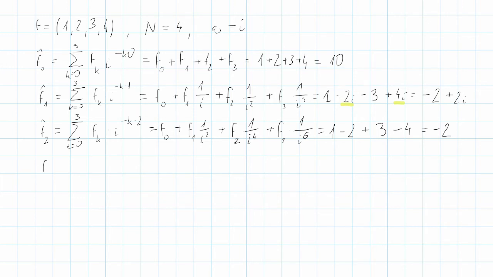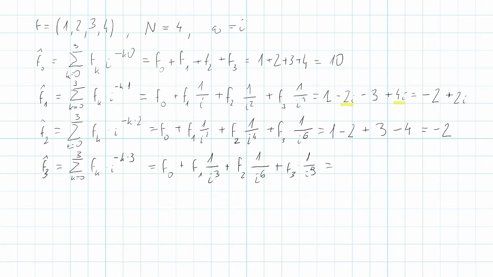And now the last coefficient of the discrete Fourier transform, this is f3 hat, is again the same sum. It's k equals 0 up to 3, fk times i to the power minus k times 3. So this is f0 plus f1 times 1 over i cube plus f2 times 1 over the 6th power of i plus f3 times 1 over the 9th power of i.